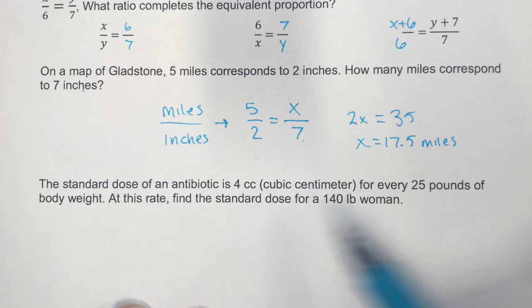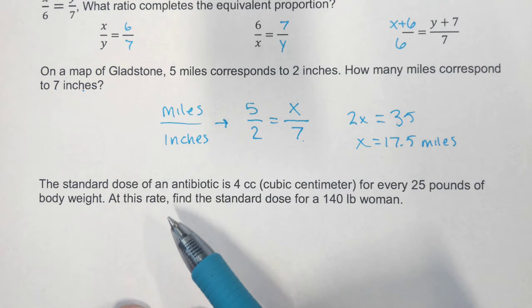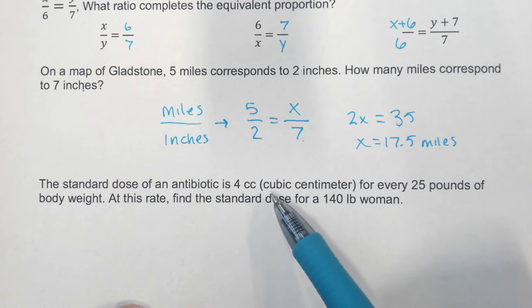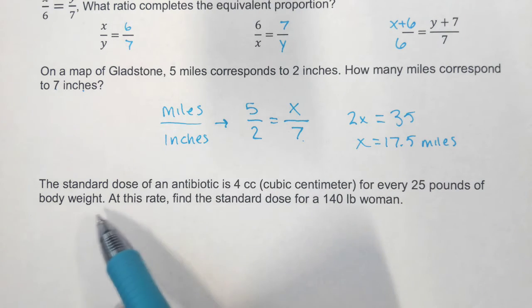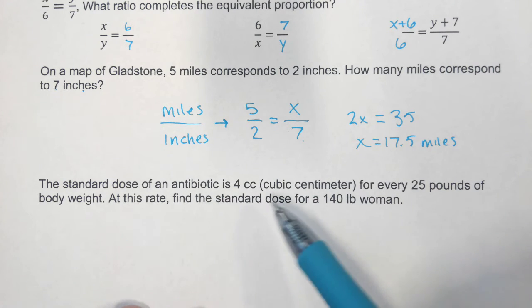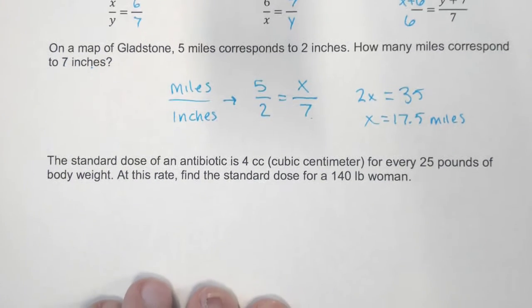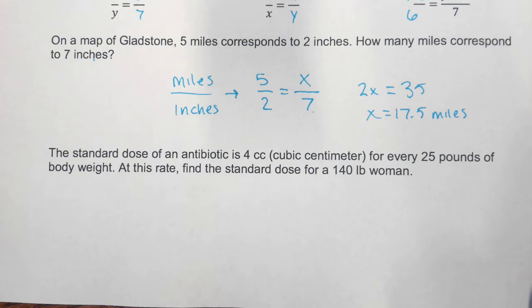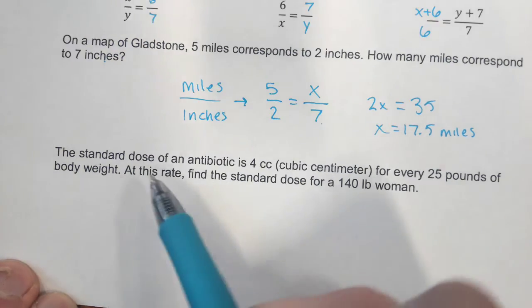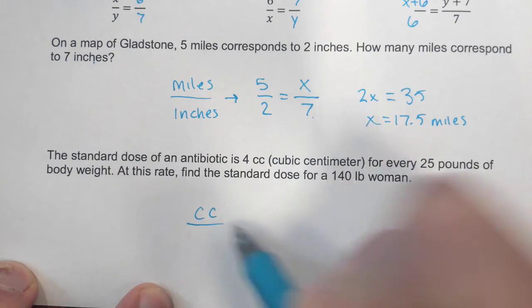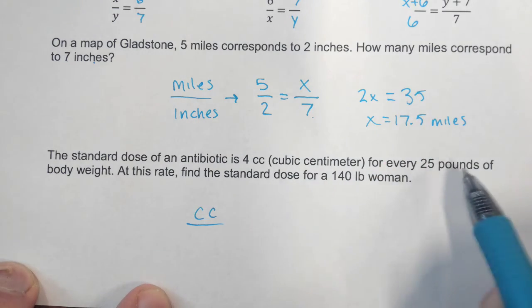Awesome. Here you go. The standard dose of an antibiotic is 4 cubic centimeters for every 25 pounds of body weight. At this rate, find the standard dose for a 140-pound woman. So here you go. Here's an application. Nurses have to do this on the daily. My two things are cc's, cubic centimeters, and pounds.